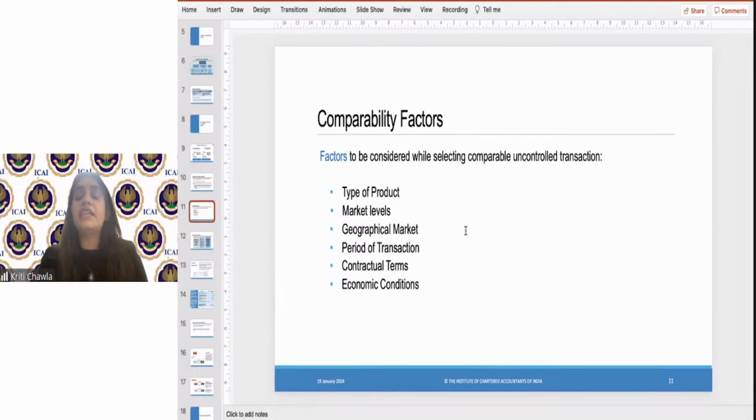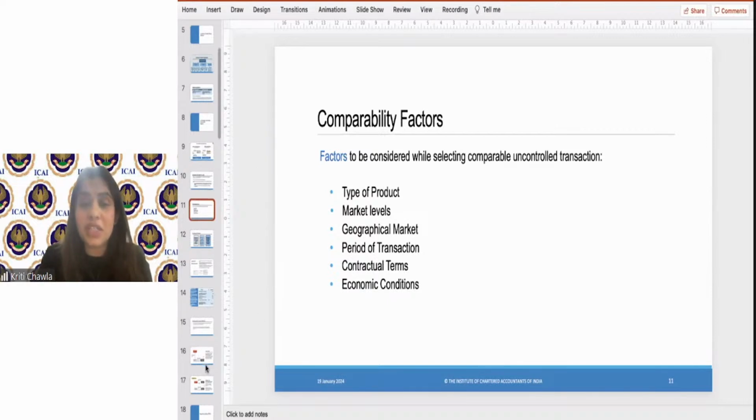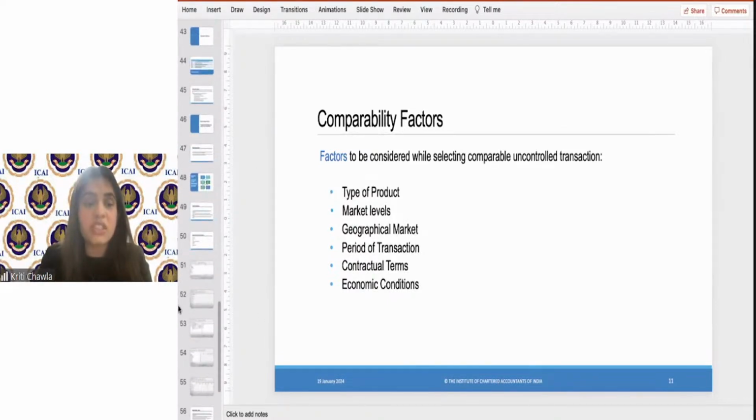Well, that database is called a transfer pricing database. Those are databases where information on all the companies operating in India or any other country is available. There are special databases for that, called transfer pricing software or transfer pricing databases. I'm going to talk about these databases towards the end of the lecture.